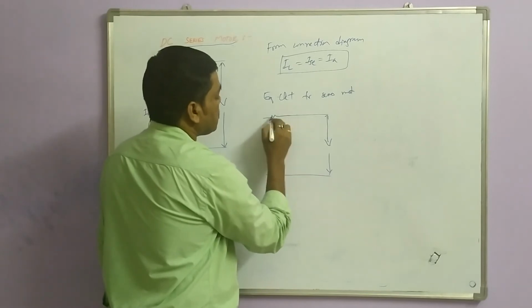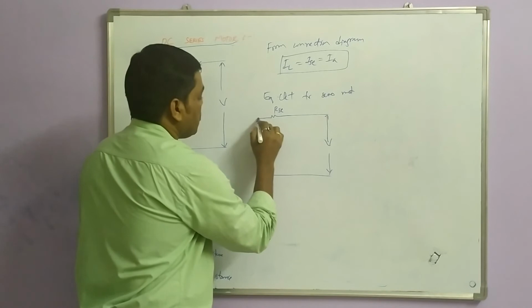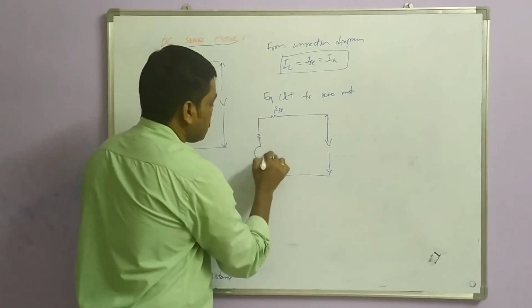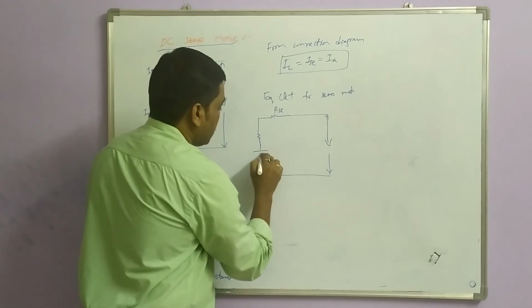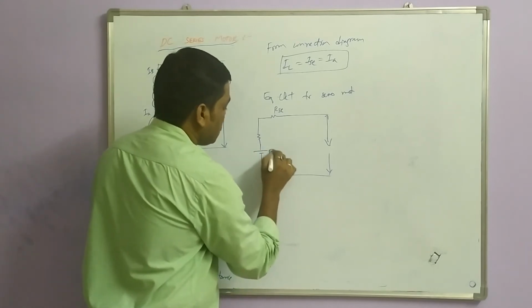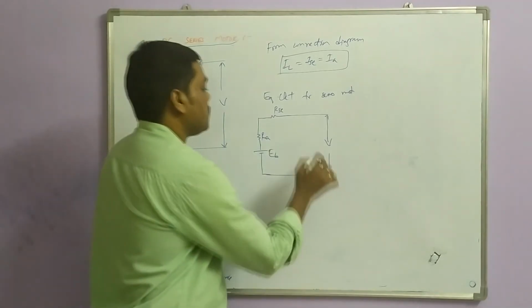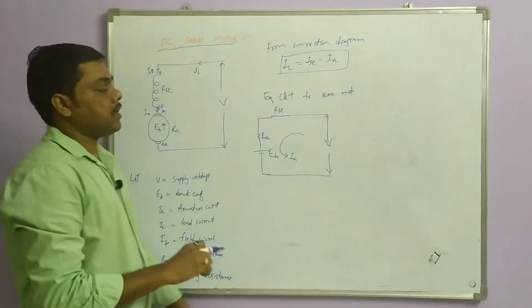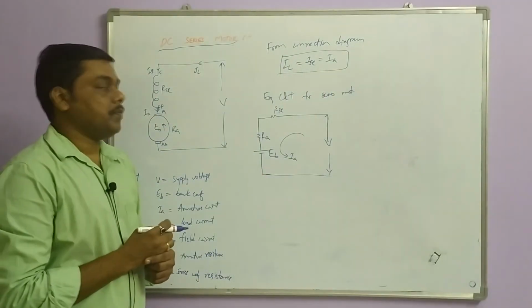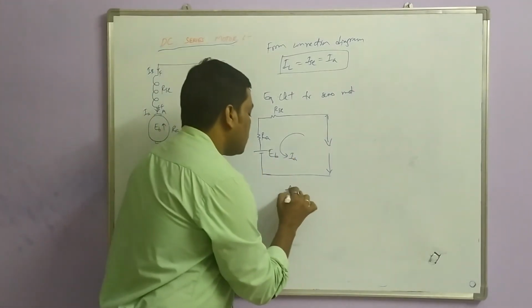I can connect a series resistance RSC, and again we have the armature resistance. And this is the back EMF which opposes the supply voltage, and this is the armature resistance. Now let us say the current will be IA instead of IL and ISC, I am considering IA. Okay, so if you apply the KVL for this, what will you get?